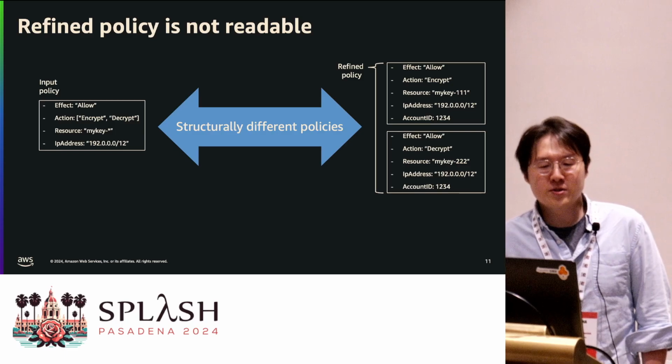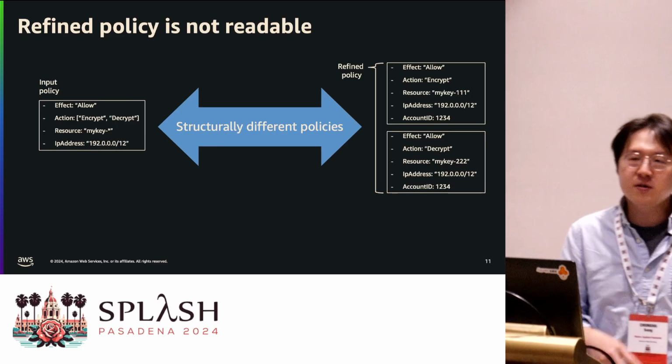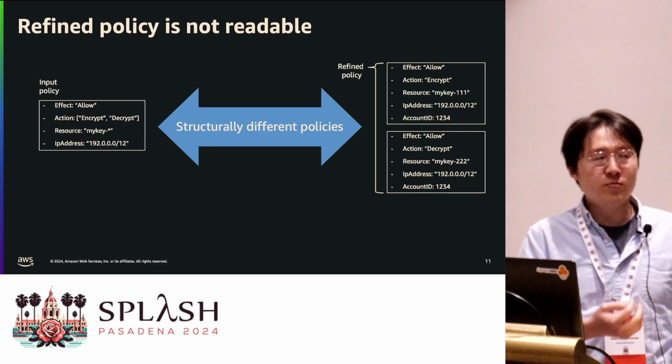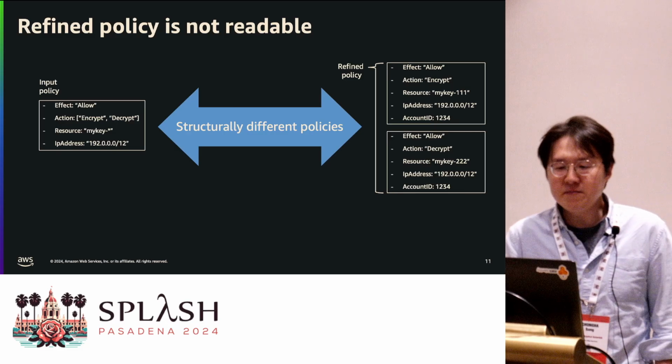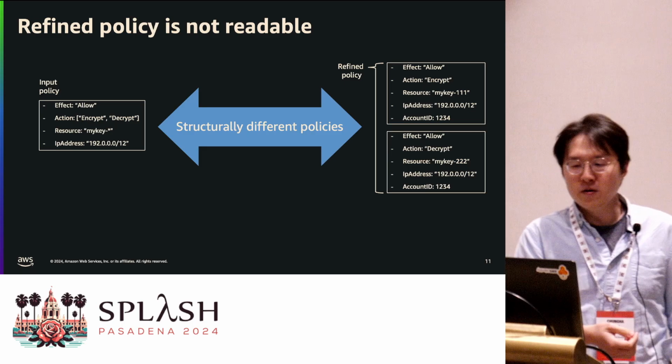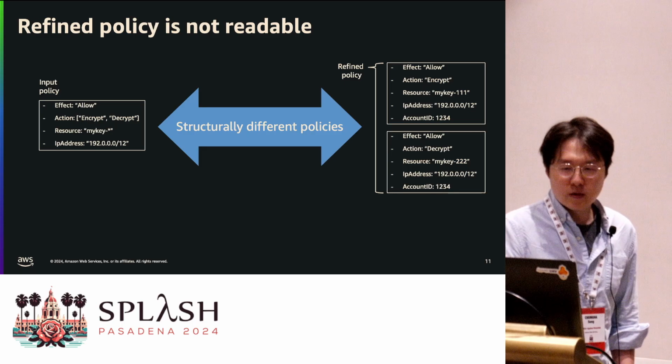But when we use this kind of approach, what is the problem? The refined policy is structurally different from the input policy, making it unreadable. If we give this policy to the authors of the input policy, they are not able to understand what changed from the input policy.